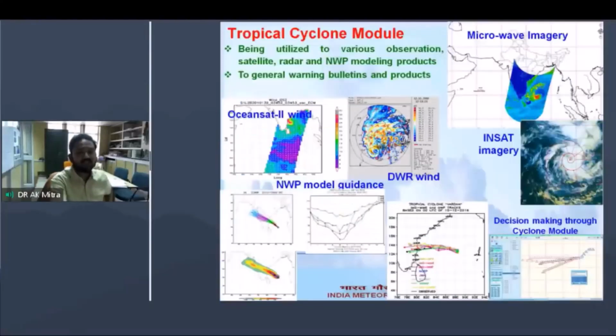These are the inputs for tropical cyclones we are utilizing: apart from microwave imagery data, DWR data, and Oceansat-2 wind, which also help us a lot, NWP model guidance, and then finally decision making through different GIS layers and GIS plots.